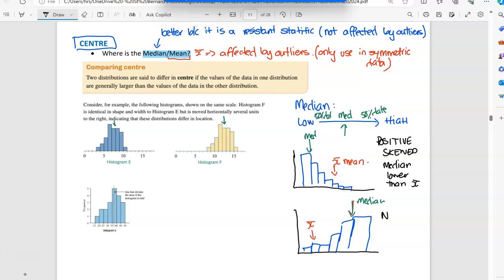And when you have negative skewed, the median is higher. So sometimes if you're a little bit unsure of the shape of a histogram, you could have a look at the mean and median on your stats and go, oh, well, the median is much higher, so I'm going to say that that's negative skewed.